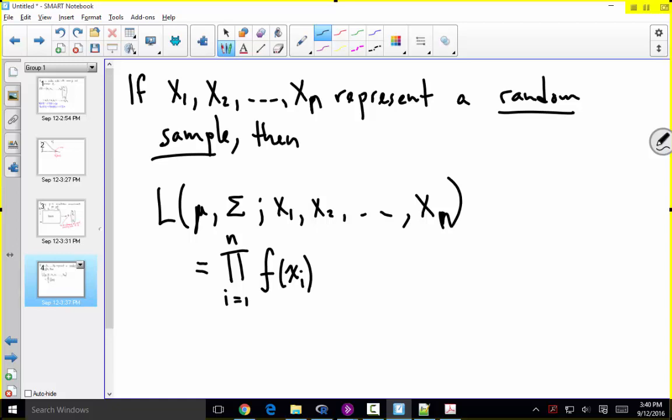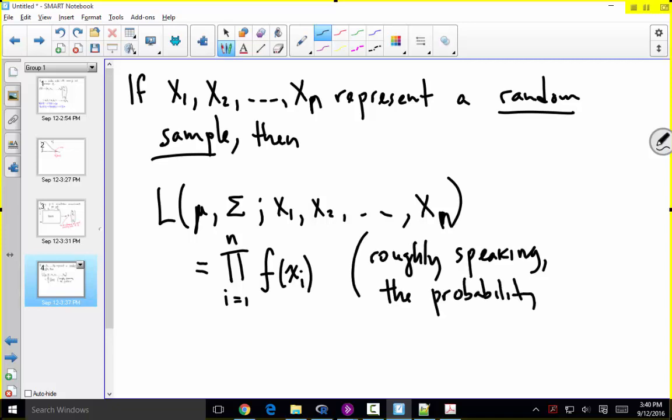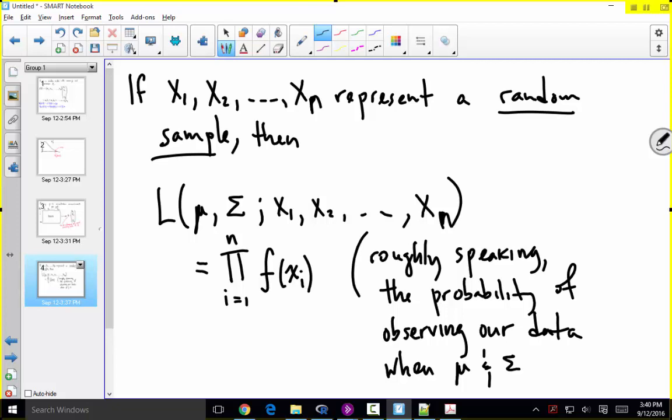This is, roughly speaking, the probability of observing our data when mu and sigma hold.